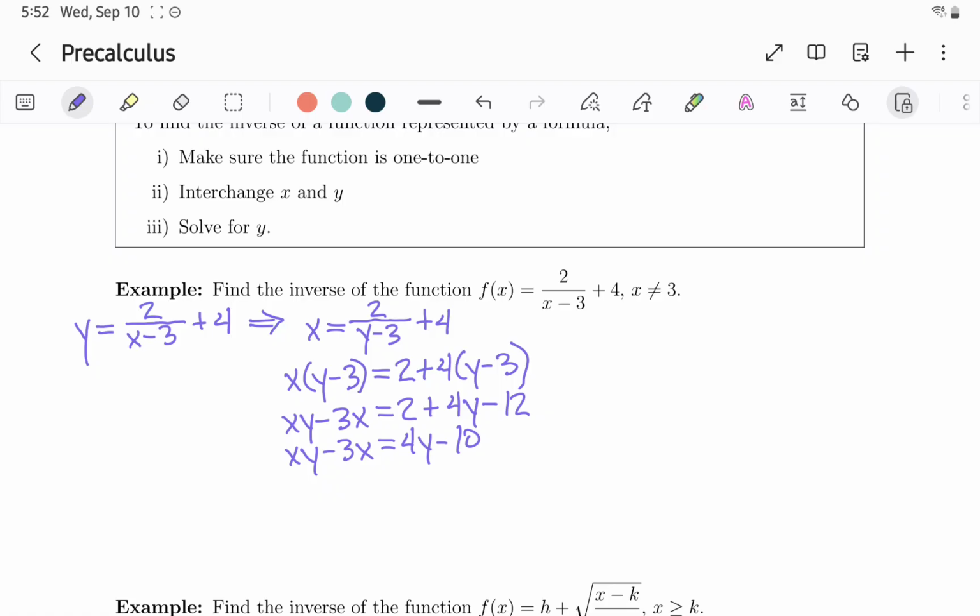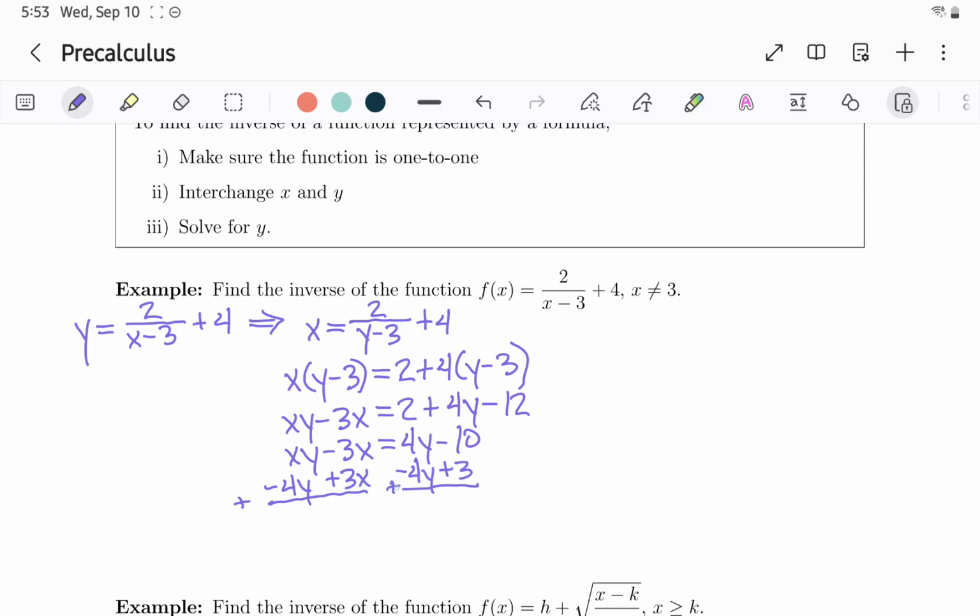And now let's try to get all the terms involving y on one side of the equation and all the terms not involving y on the other side. To do that, we can subtract 4y from both sides and add 3x to both sides. So minus 4y plus 3x, minus 4y plus 3x.